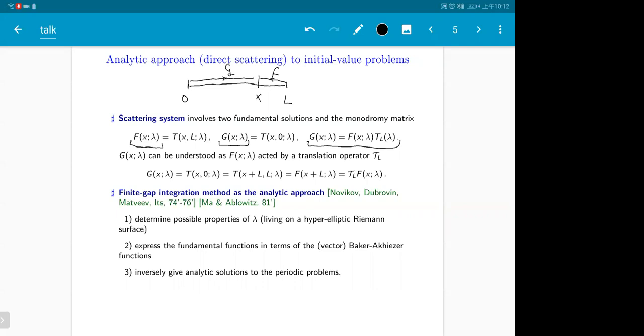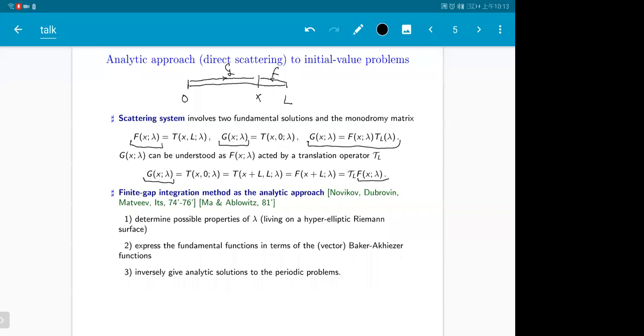In this particular periodic problem, this fundamental solution G can be thought of as the fundamental solution F acted on by a translation operator T_L. Just by construction, we can show that.